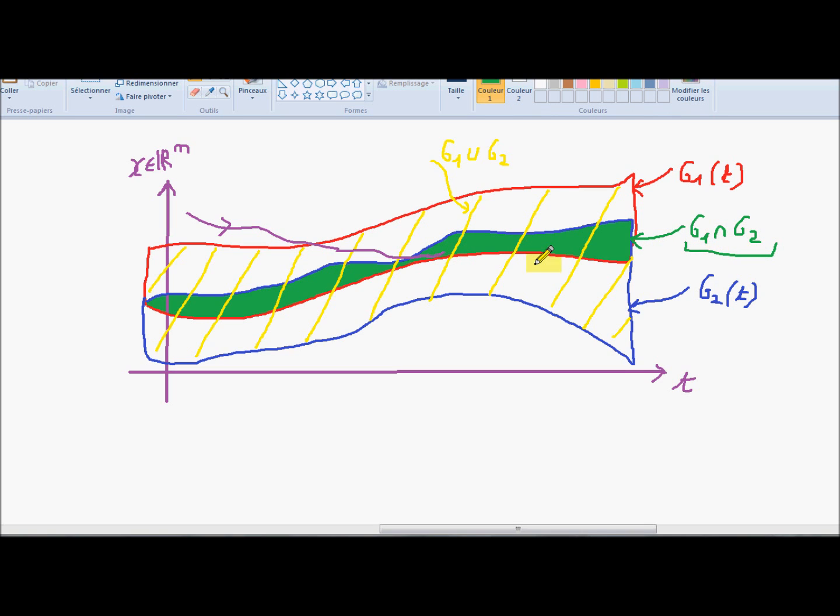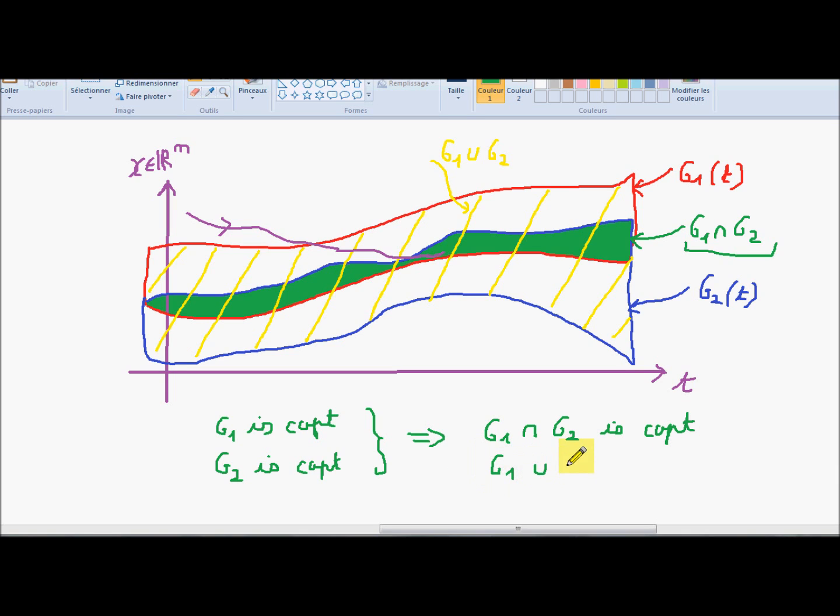Also, if it enters inside the union of two capture tubes, it will stay inside the union. It means that if J1 is a capture tube, and if J2 is a capture tube, then it implies that the intersection is also a capture tube, but also the union is a capture tube.